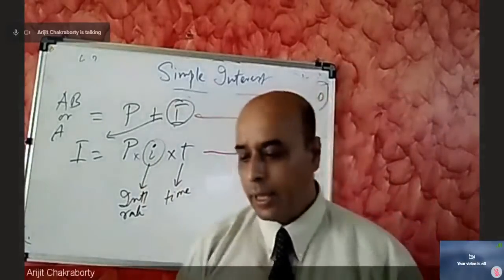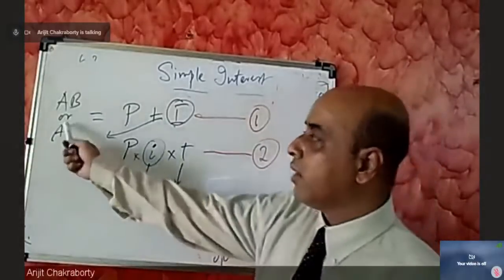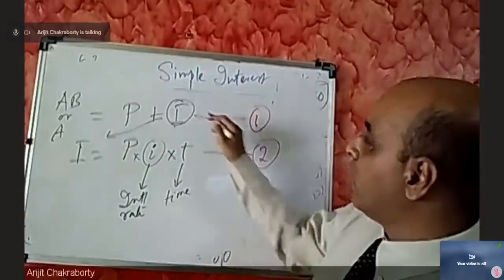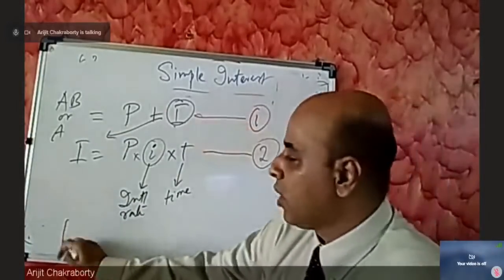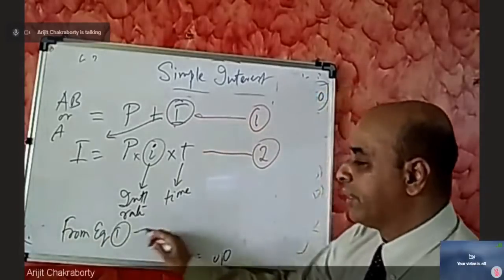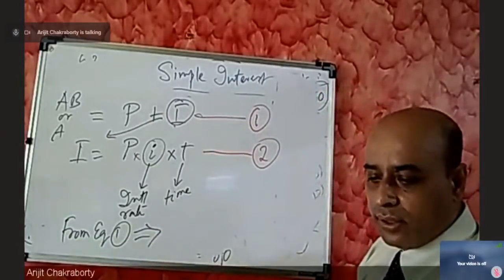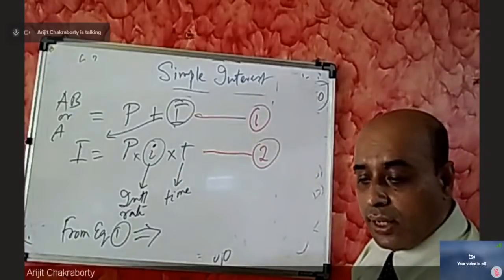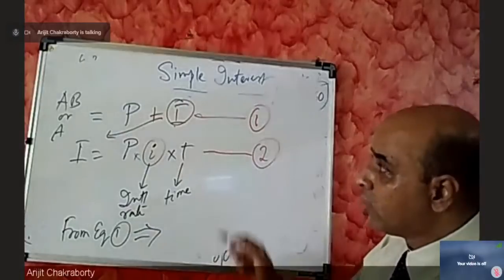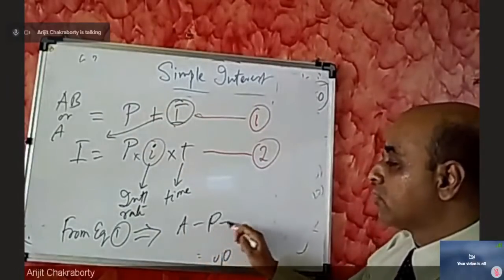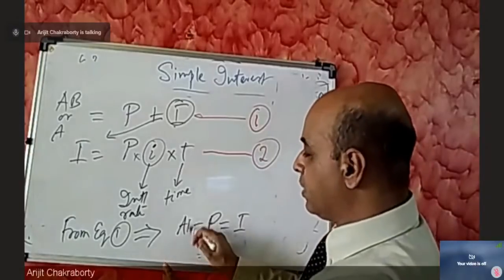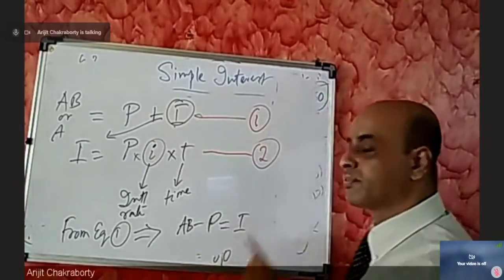Okay? So this is the second formula. If A or AB is equal to P plus I, then from equation number 1, we can write A equal to P plus I, therefore A minus P equal to I. So the accumulated balance AB minus principal gives you the interest.